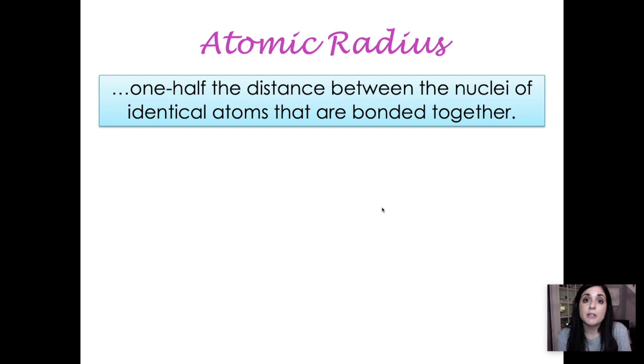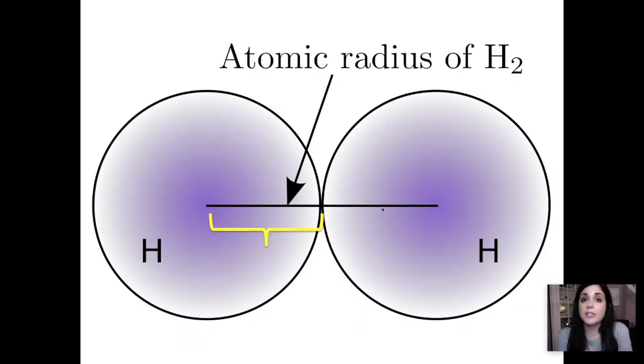Let's go ahead and talk about atomic radius. The atomic radius is 1/2 the distance between the nuclei of identical atoms that are bonded together. I'm actually going to cut to this slide first to show you what this means. If I have two hydrogen atoms bonded together, the nucleus, of course, is in the center. So I have this line starting right here at the nucleus, and this line right here at the nucleus.